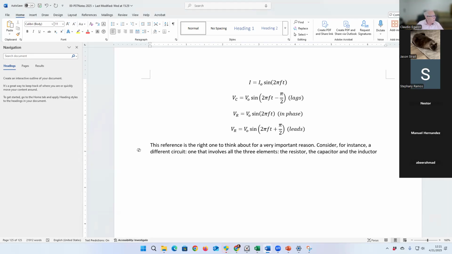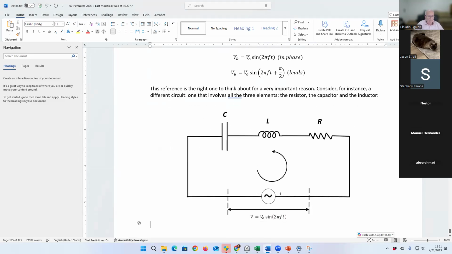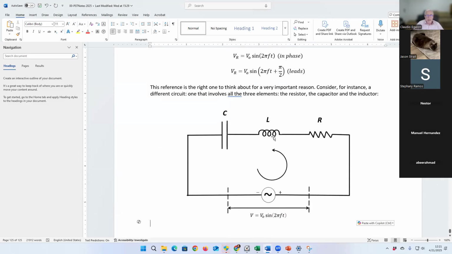Okay, and I'm going to display here for you this circuit. This one right in here. Here you go. Resistor, inductor, and capacitor. Okay.